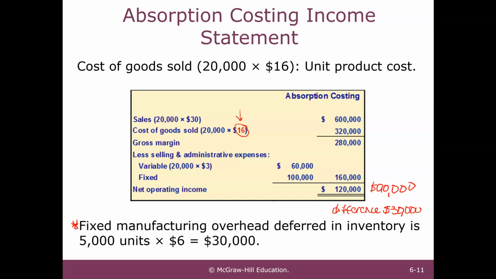Because the fixed manufacturing overhead is a product cost, not a period cost, it has not been expensed out yet. It is still sitting in inventory. That is why the net operating income is $30,000 more. But with variable costing, that $30,000 of fixed manufacturing overhead was expensed out because they treat it as a period expense.